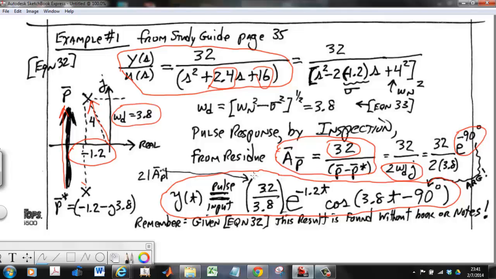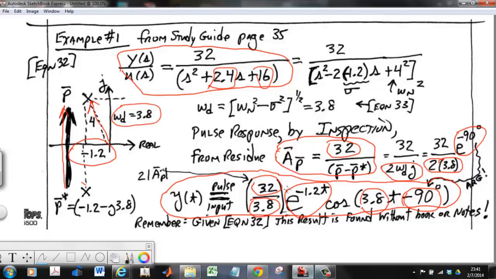Therefore, my pulse solution will be, again, carrying my gain, and twice the residue is just going to give me 1 over 3.8, and the angle of the residue is going to get attached to the frequency, omega d, which is 3.8 t.